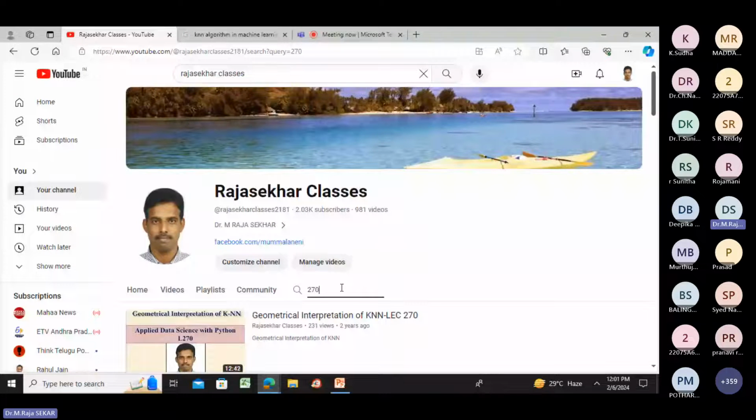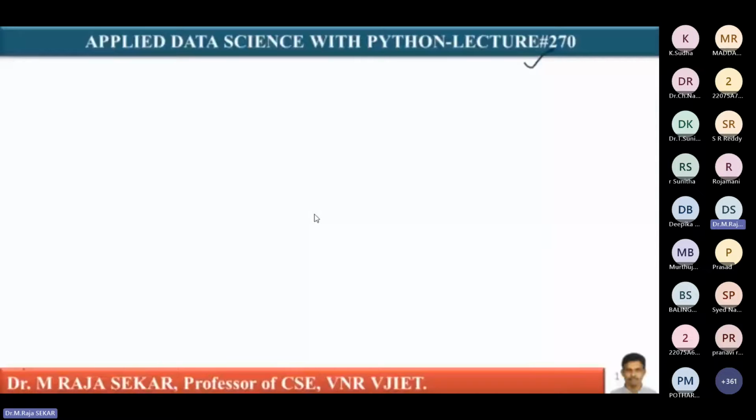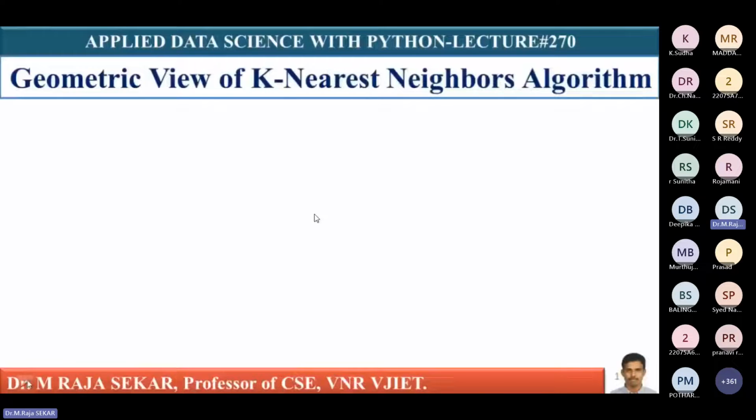Yes, in machine learning many people used to say this: understand everything with geometry. Not only in machine learning, it is applicable for all branches of engineering. That may be physics, chemistry, even civil engineering or mechanical engineering. Understand things from a geometrical perspective. It will give good insight into that particular algorithm.